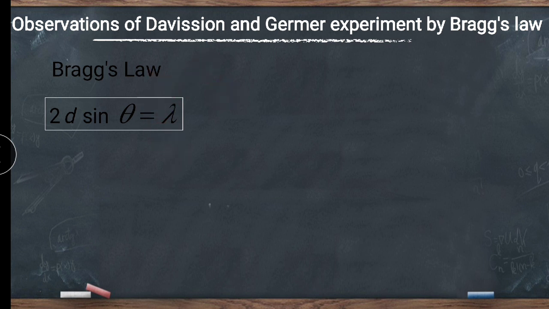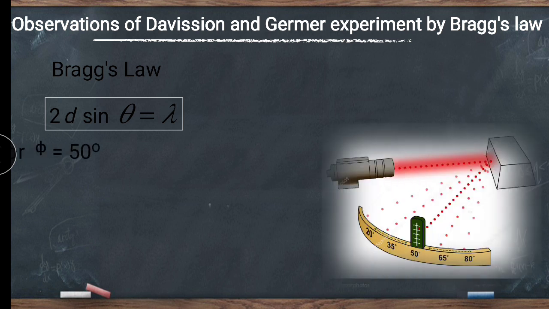Lambda is the wavelength, right? Now whatever observations we got in the Davisson and Germer experiment, we are going to use over here. So phi is equal to 50 degrees. Friends, we have already seen that for maximum intensity, when electrons are scattered toward the detector, they make an angle of 50 degrees.